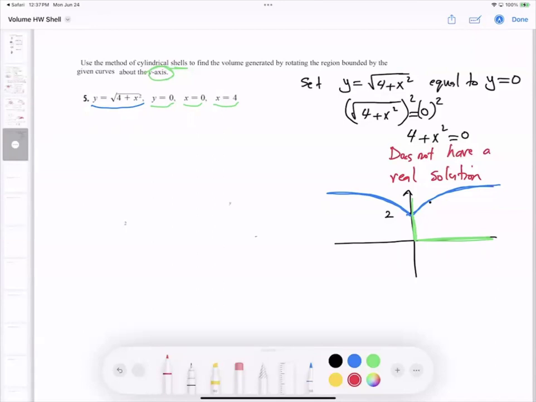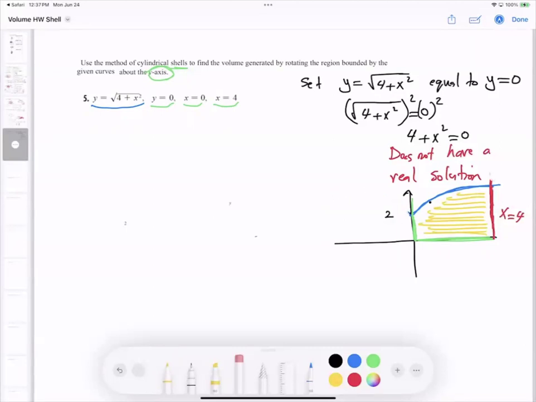So we expect it to hit at this value. So this is x equals 4. Very good. So we look at this region. We want to rotate this region with respect to the y-axis, so I don't need the rest of this graph.